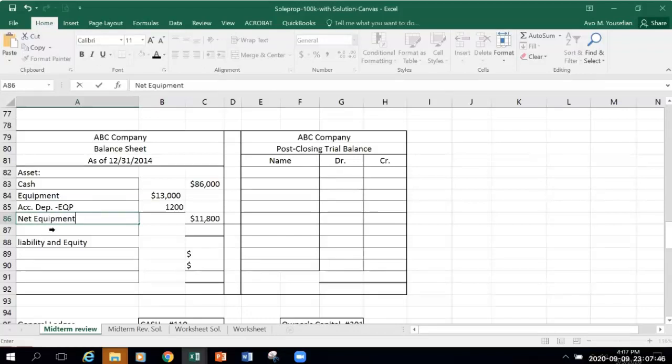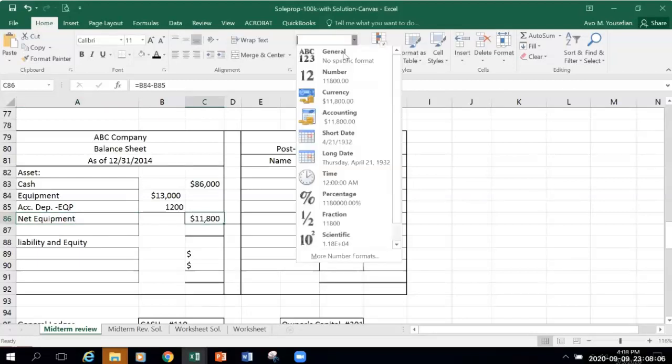After PP&E, you have intangible assets, which in this case we don't have any. Intangible assets are like goodwill, patent, copyright, trademark, franchise right. Those are all intangible assets. So 86,000 doesn't need a dollar sign, so let's get rid of the dollar sign.